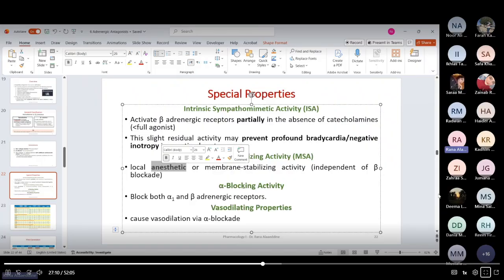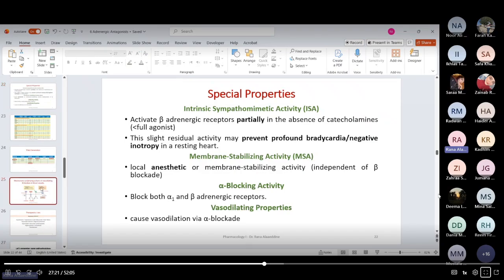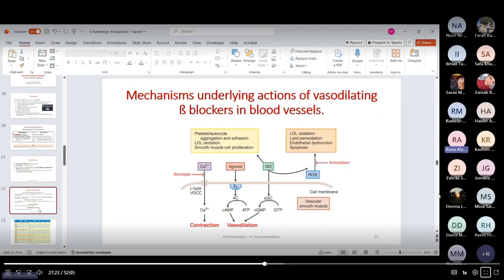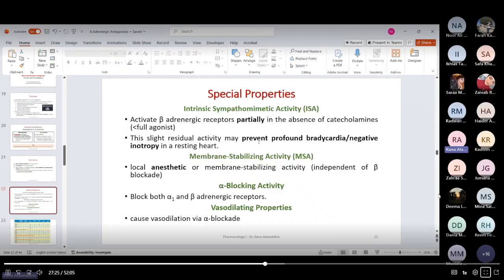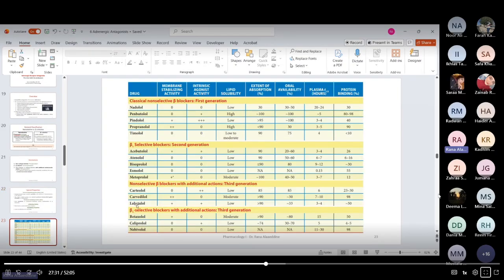What do we do to vessels? Vasodilation. Vasodilation, exactly. And we have other vasodilating properties we're going to talk about in this slide. Okay, so there are some special properties some drugs do have that we need to be aware of, just to know that these properties might exist in certain drugs.